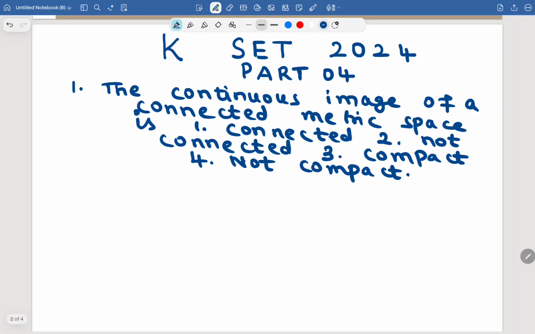We have to check whether the continuous image of a connected metric space is connected, not connected, compact, or not compact.